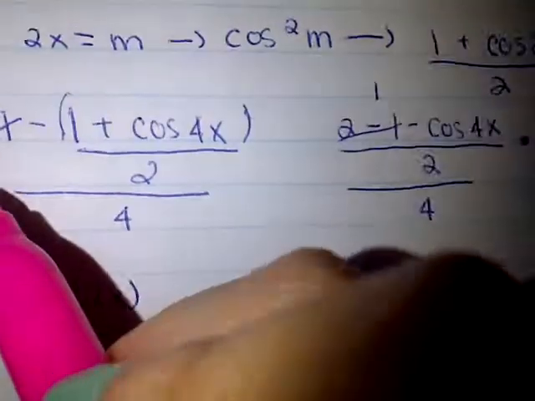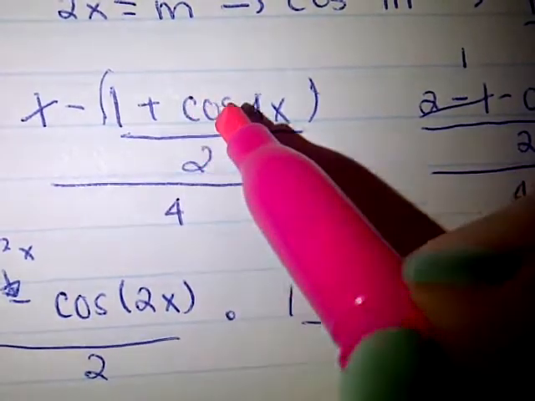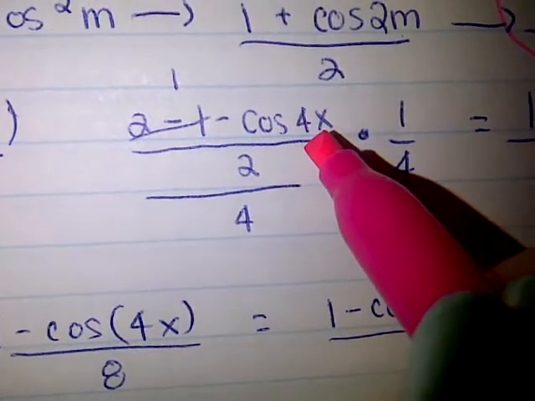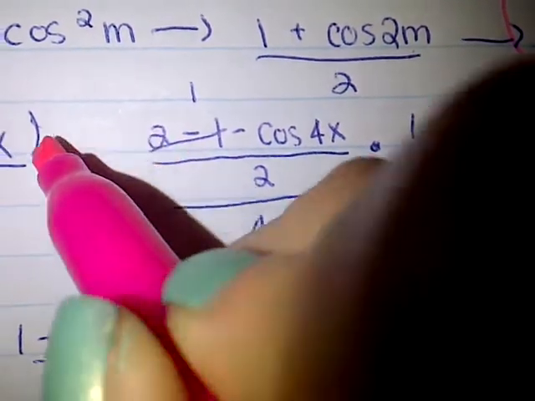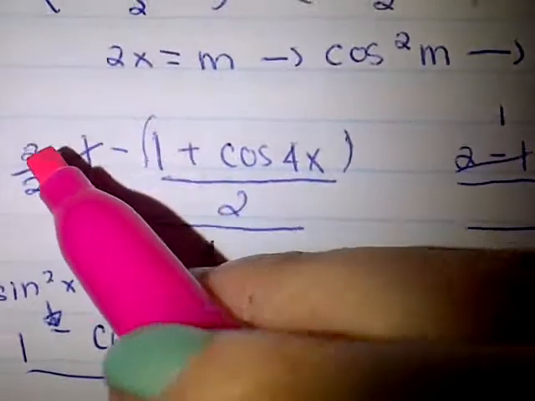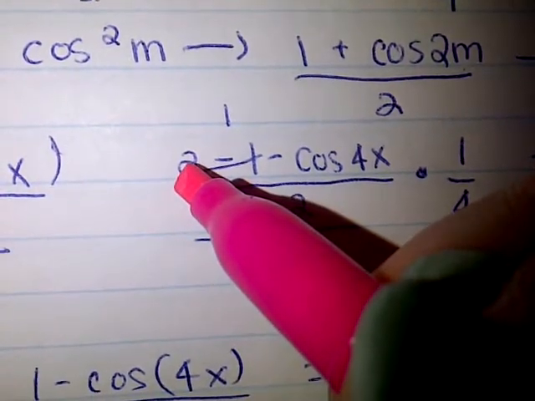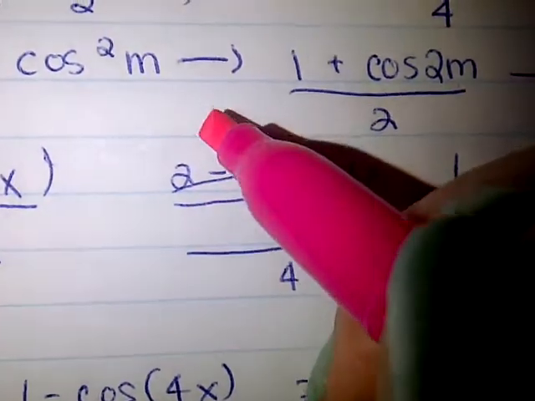First thing you have to do is distribute this negative into the 1 and the cosine 4x. So if you distribute the negative, this will turn into negative cosine 4x, and this will be negative 1. So if you write it out, the 2 from over here is going to be over here, and you're going to subtract 2 and 1, and you're going to get 1.